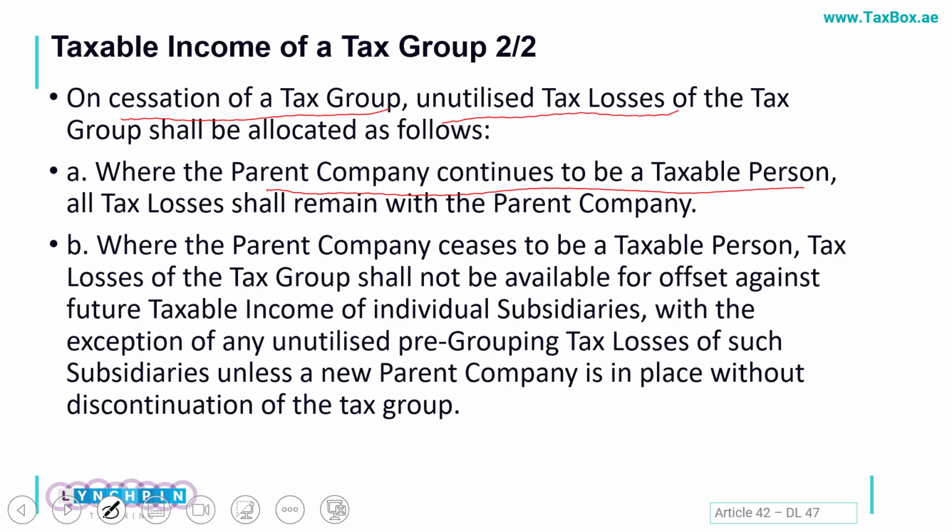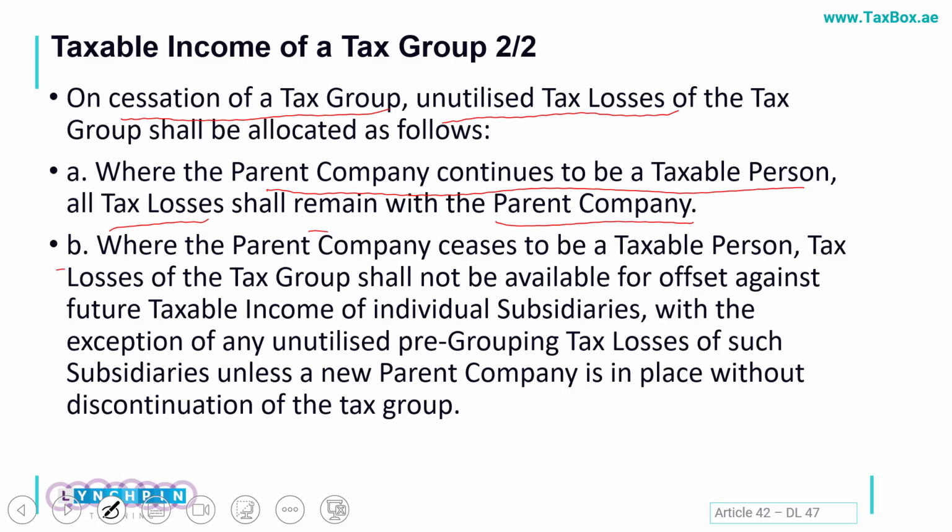The group is being ceased, but the parent company is still active. All the tax losses of the group historically will remain with the parent company. Very important thing. If you are part of a group and you are now ceasing to be a group, in that case all tax losses which are available will be shifted to the parent company.